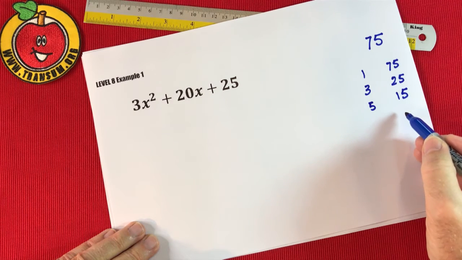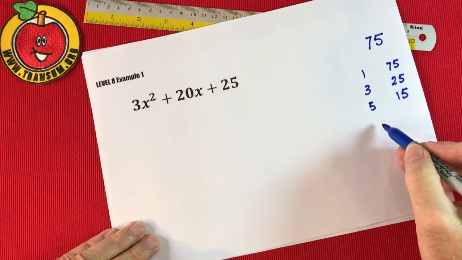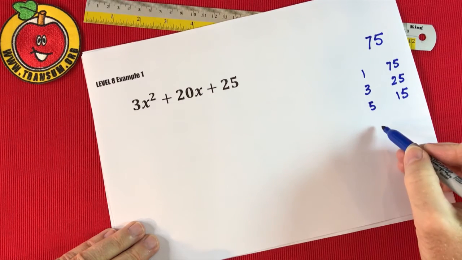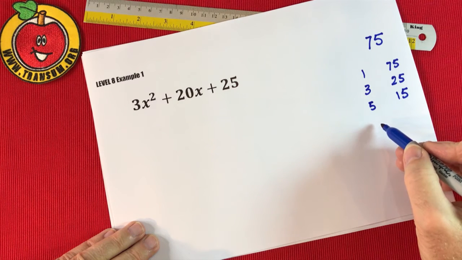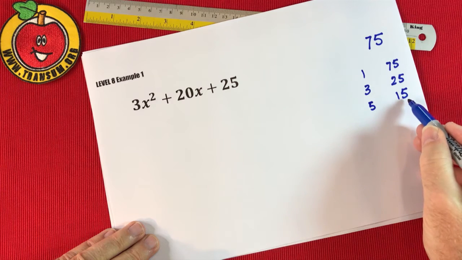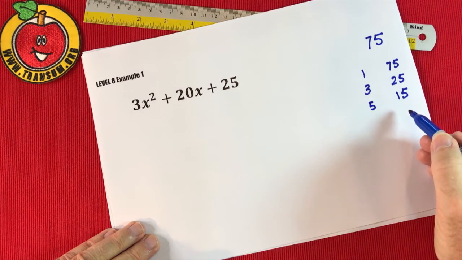So I know 6 isn't a factor. 7, no. 8, no. 9, no. 10, no. 11, 12, 13, 14 doesn't go into 75, and now I get back to the other side. So those are the three factor pairs of 75.